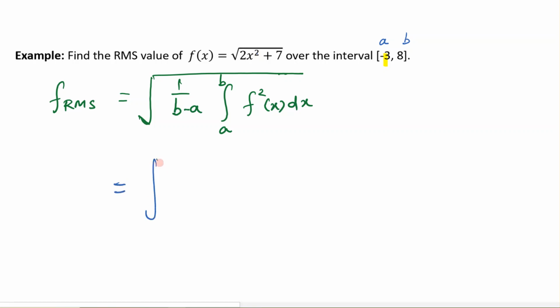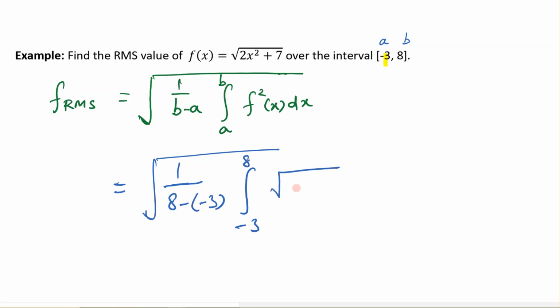In this case, our upper limit b is 8. So 8 minus a, and a is -3. So the integral from -3 to 8 of the square of this function, right? So the square root of 2x squared plus 7, and the square of this function.